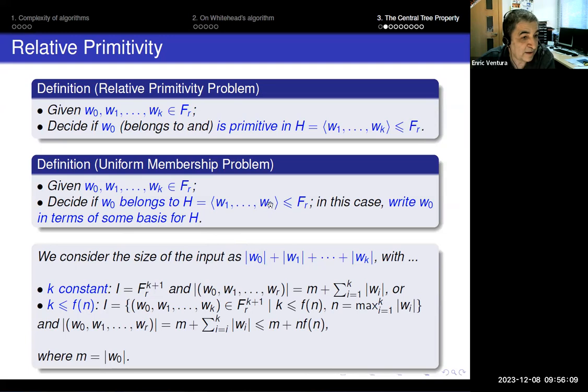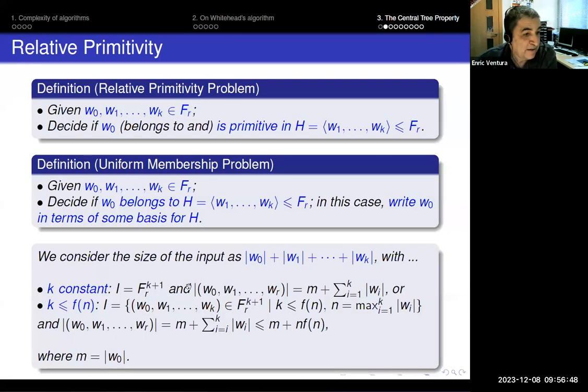K, the length of the tuple that you are given as input, you can consider constant, or you can allow this tuple to grow in length. We can allow K to grow at the same time as the maximal length of the W_i grows. If you prefix a function, you allow the length of the W_i and the length of the tuple to grow at the same time, with K bounded by some function of the maximal length. It is just a technical detail.